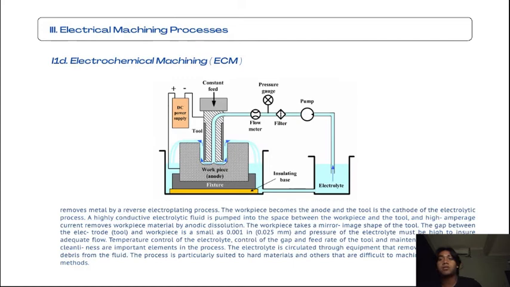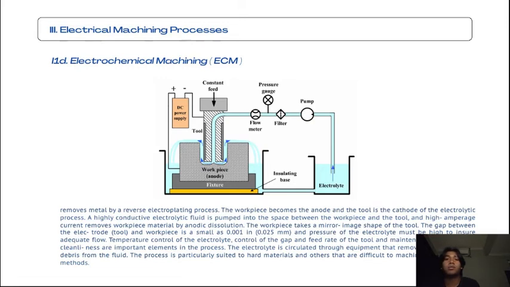The electrolyte is circulated through equipment that removes the operation debris from the fluid. The process is particularly suited to hard materials and others that are difficult to machine by conventional methods. So workpiece hardness does not affect its machinability by the process, but the workpiece material must be electrically conductive. The tool does not wear and no stresses are induced in the workpiece by the operation.